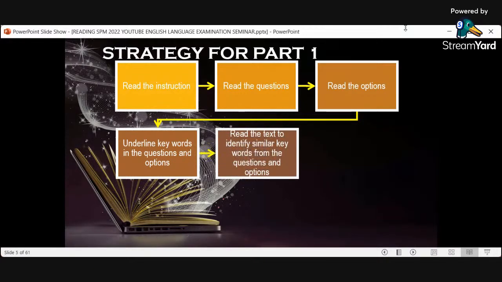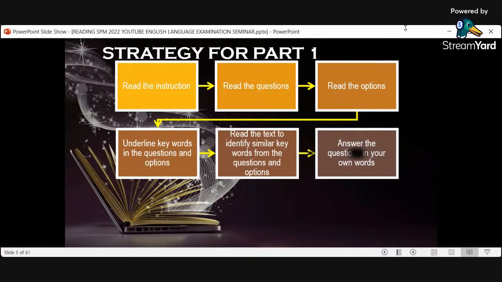And then you read the text to identify similar keywords from the questions and options. These strategies are very important for those who are not very proficient in the language. So this will help you answer better. And then you answer the questions in your own words, because if you can get the answer in your own words, it means you understand.